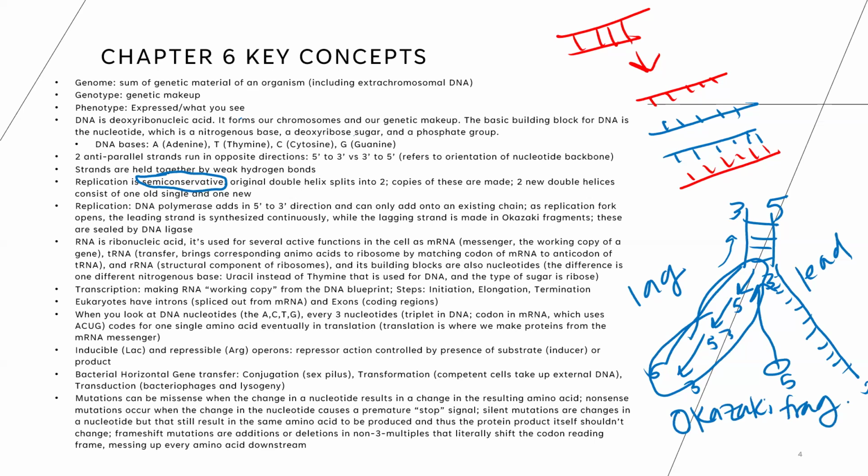The enzyme that seals them is called DNA ligase, which, if you have had chapter 8, you understand is definitely important for genetic engineering, but obviously for DNA replication as well. So that's a pretty good little primer over a pretty big concept in chapter 6.